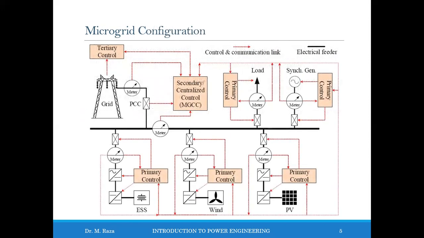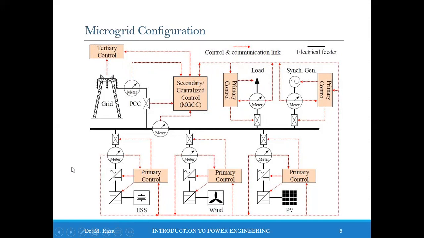A generic microgrid configuration is shown in the diagram, where the system is connected to the main grid via the PCC breaker shown over here, and consists of common components such as load, various dispatchable and non-dispatchable distributed energy resources such as wind, PV, and synchronous generator, and ESS, which is representing the battery system over here.